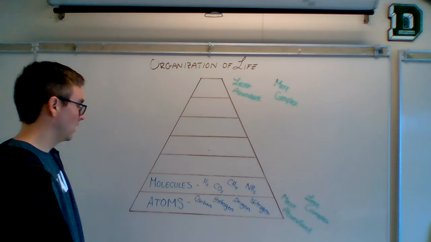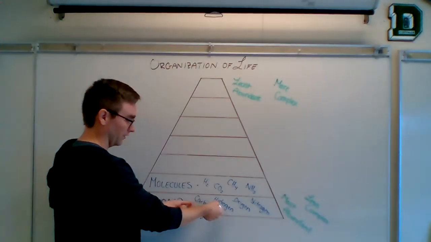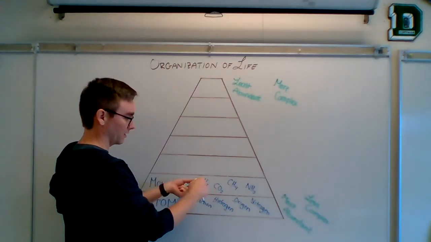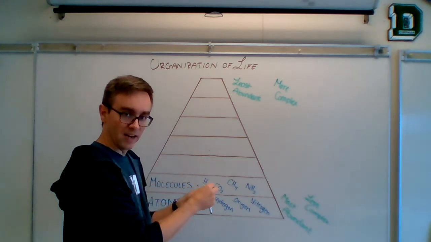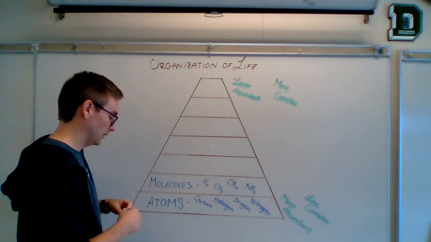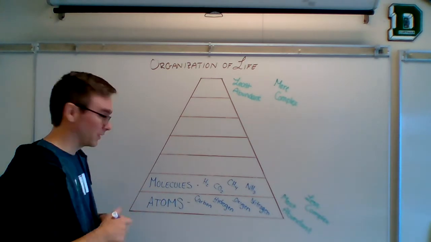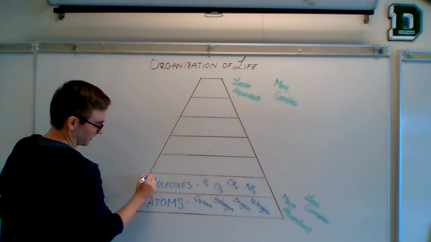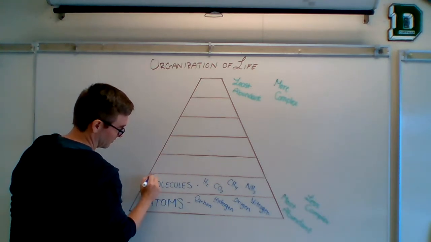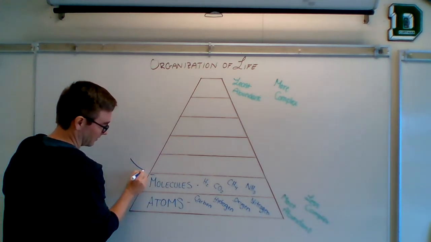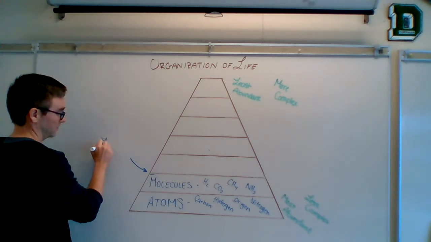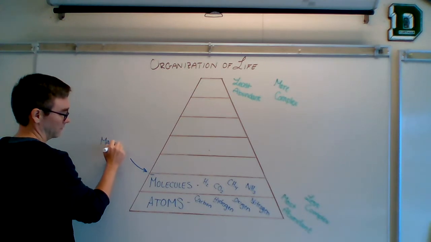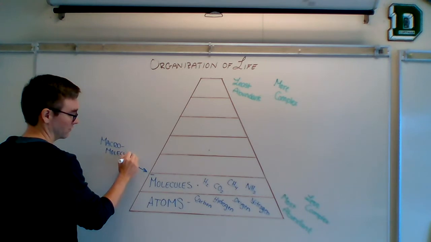So now we're taking individual atoms and combining a couple of them together to make molecules. Now there's one point I want to include, which a lot of people don't include on there. I'm going to add a little mini level at this highest level. You can eventually create something called macromolecules, macro being the prefix meaning large.